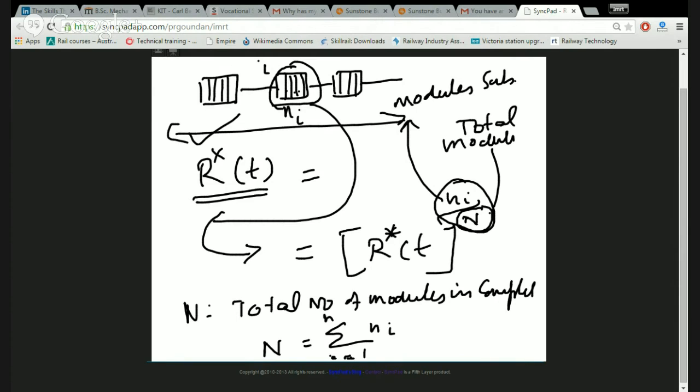Having done this equation, now I have got the survival or the reliability of the system which is given to me. I am allocating to the ith subsystem in proportion to the modules they have got. So this is the reliability of the subsystem Ni.